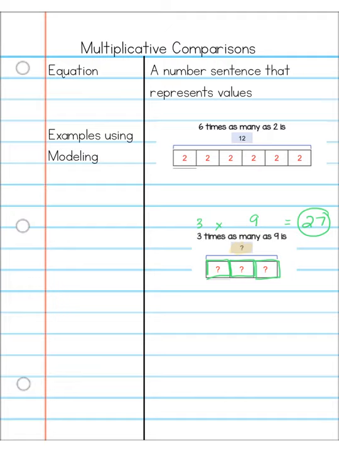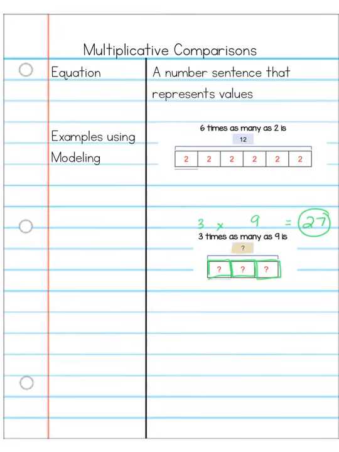Well, I know that when it says 3 times as many as 9, I have 3 equal groups. And what 3 times 9 means is 3 equal groups of 9. So each of these boxes is 9. And I can check this by using my repeated addition. 9 plus 9 plus 9 is also 27.